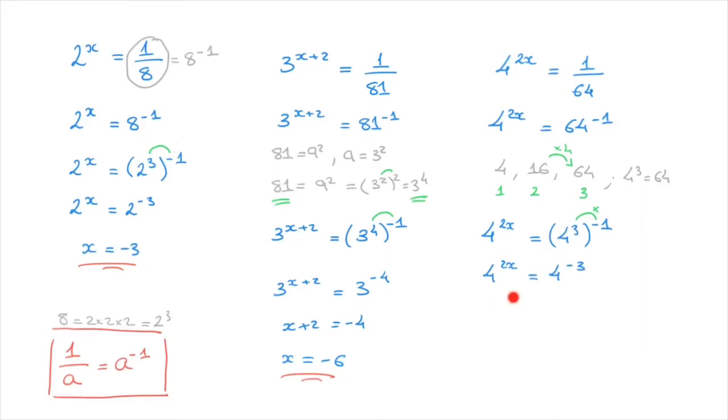Now that both sides of the equation are written as a power of the same base, we can get rid of the base altogether and write 2x equals negative 3. Finally, dividing both sides of this equation by 2, we get the final answer. x is equal to negative 3 over 2, which we could also write as a decimal as negative 1.5.